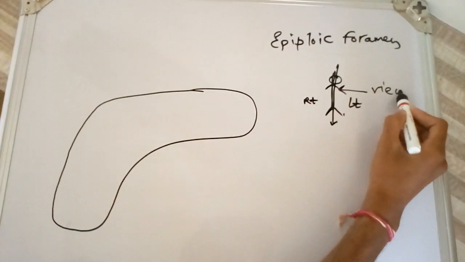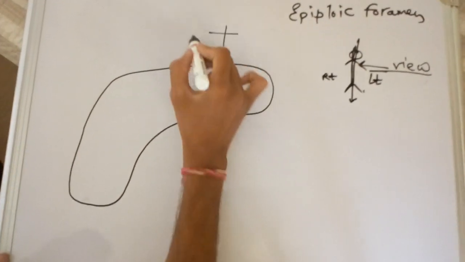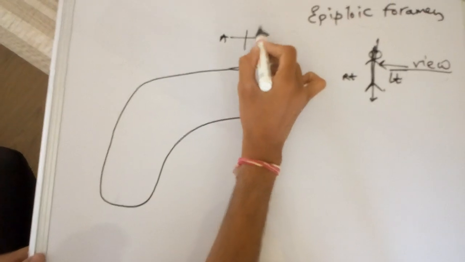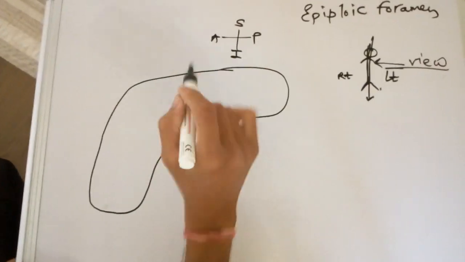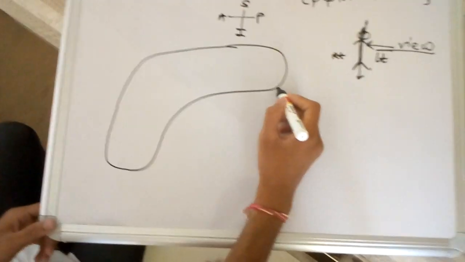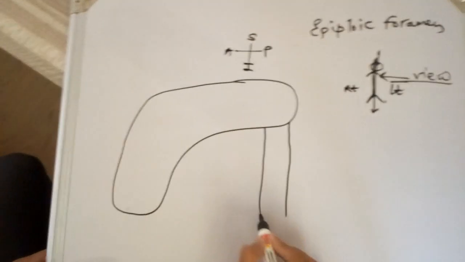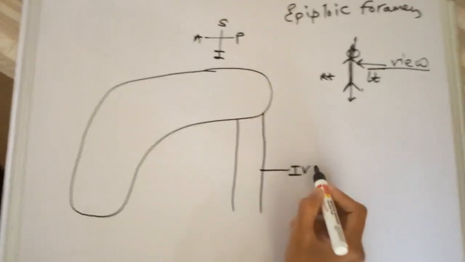As you take the section, this is the anterior, this is the posterior, this is the superior, and this is the inferior. Now the posterior most aspect which pierces the liver is the inferior vena cava.